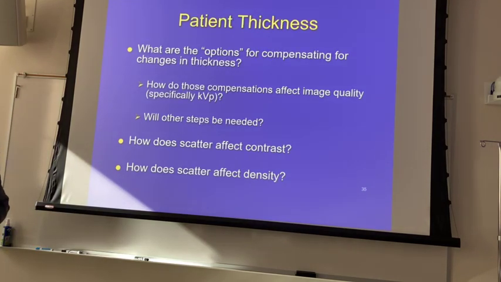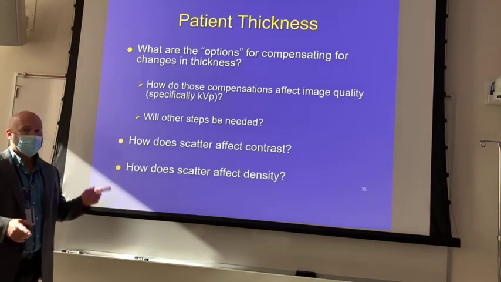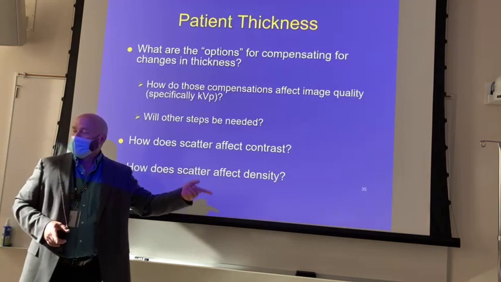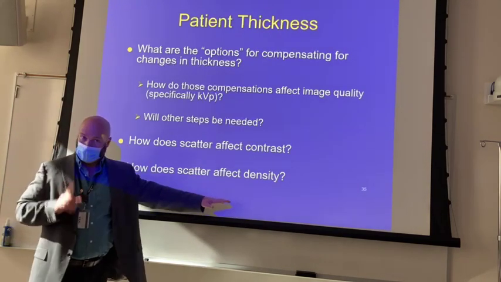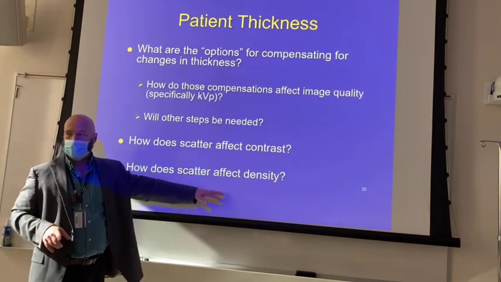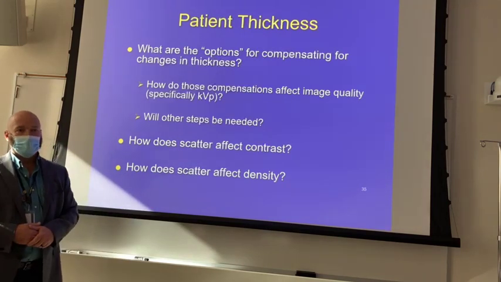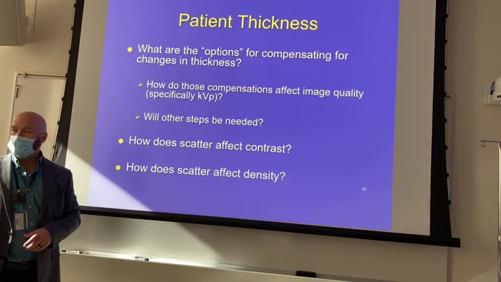It goes down pretty dramatically. The one problem with using a grid is that it removes a lot of the density. It may be unwanted density, but it still removes the density. So what do you have to do? You have to increase your technique.